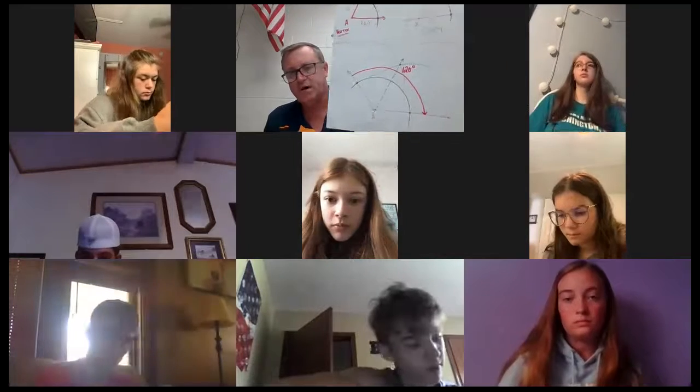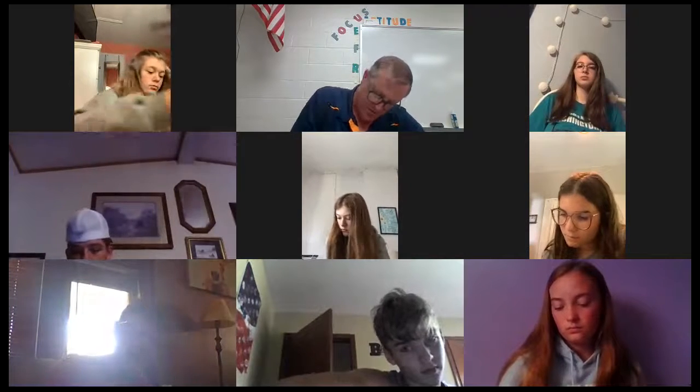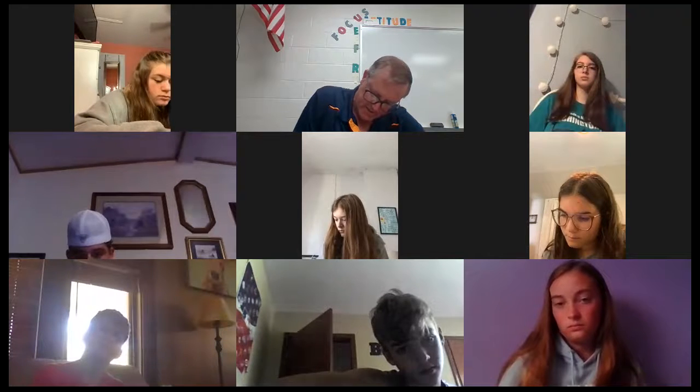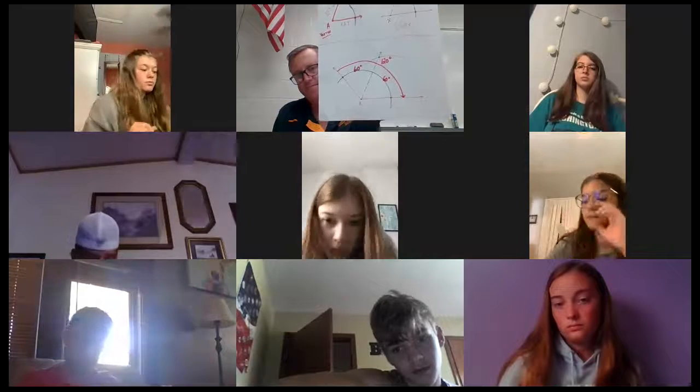Well, if the entire angle, let's say from this ray all the way to that ray, was 120 degrees, then, because we bisected it, you guys can divide 120 by 2 in your head, I hope. That makes this side 60 degrees and this side 60 degrees. Questions?